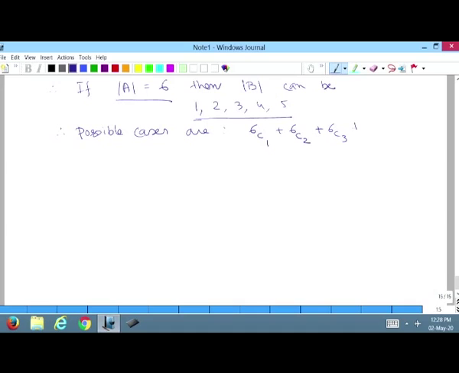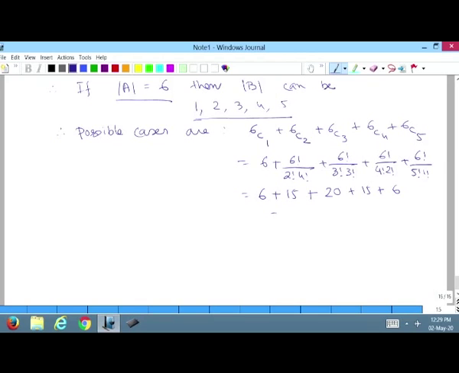Similarly, 6C3 plus 6C4 plus 6C5 is equal to 6 plus factorial 6 upon factorial 2 into factorial 4 plus factorial 6 upon factorial 3 into factorial 3 plus factorial 6 upon factorial 4 into factorial 2 plus factorial 6 upon factorial 5 into factorial 1, which is equal to 6 plus 15 plus 20 plus 15 plus 6 is equal to 62 ways.